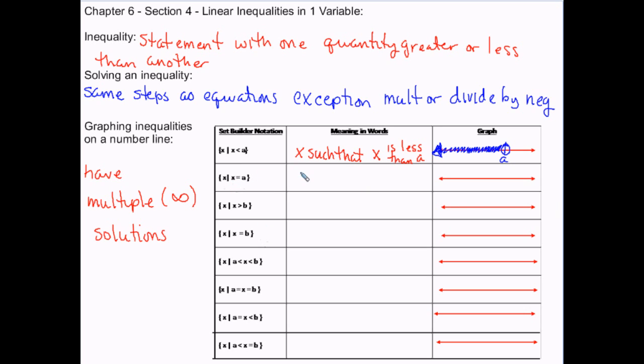X such that x is equal to a. So again, if a is right here, that's the only value it has, so it's just a single dot. X, I'm just going to put st for such that, x is greater than b.